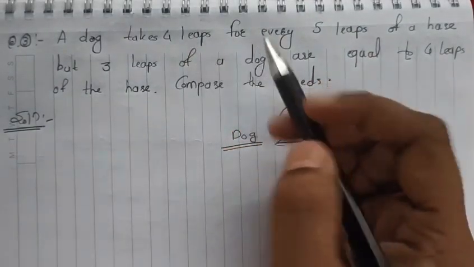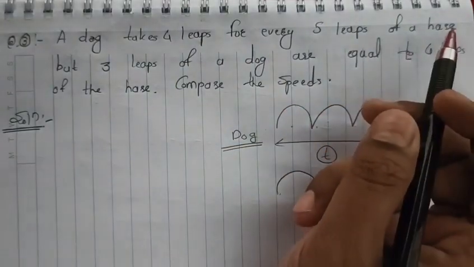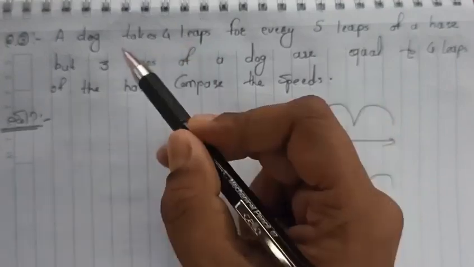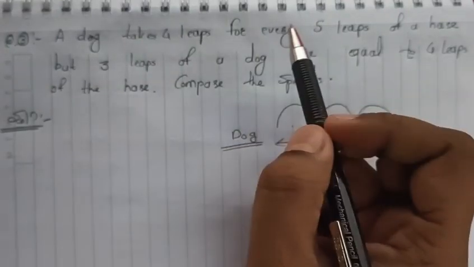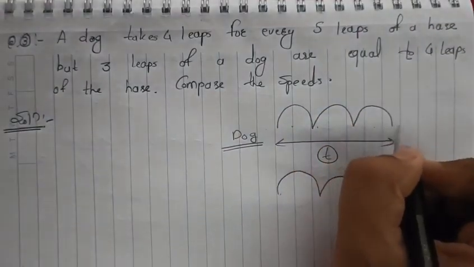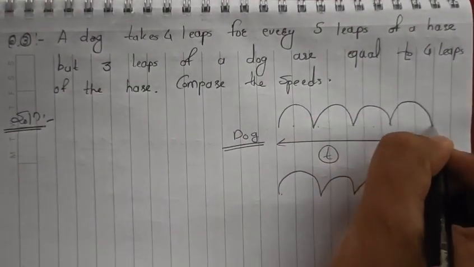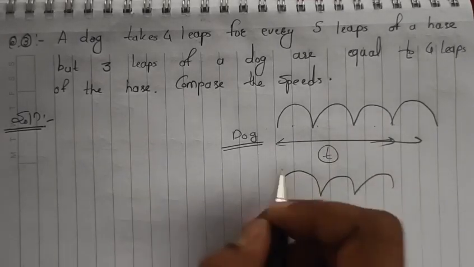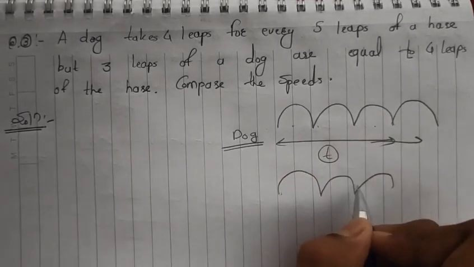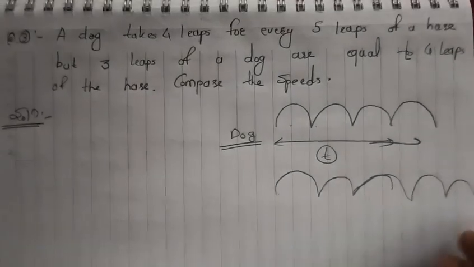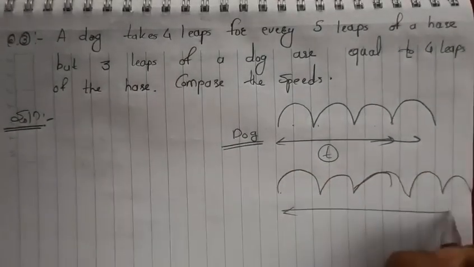Dog is taking 4 leaps for every 5 leaps of hare, right? Which means time taken for 4 leaps of dog is equal to time taken by 5 leaps of hare, right? Whatever time we consider, this is t, it would be the same when hare is taking 5 leaps.